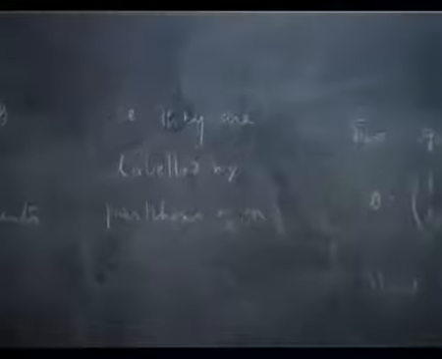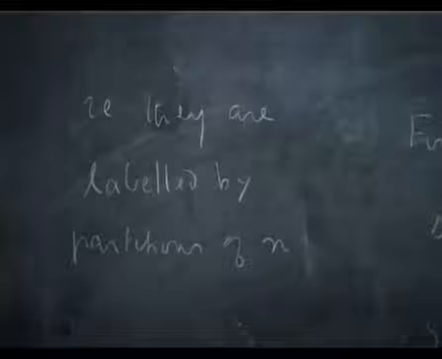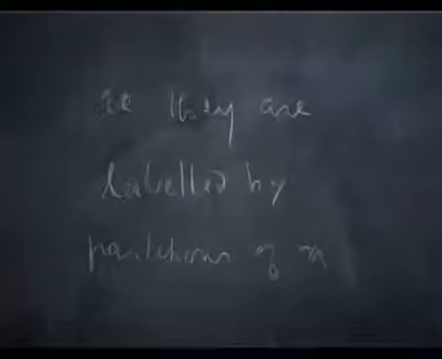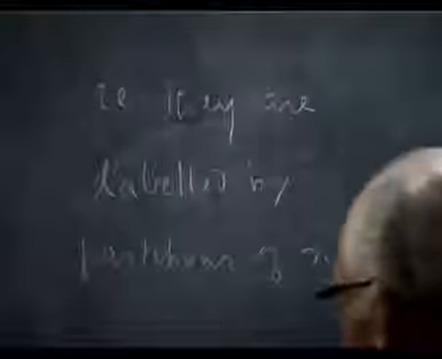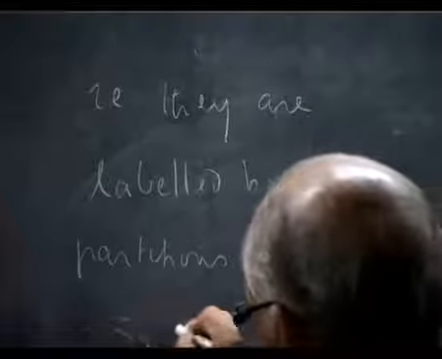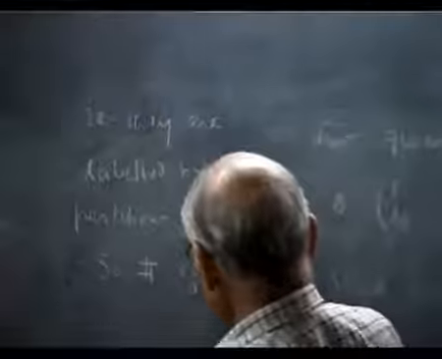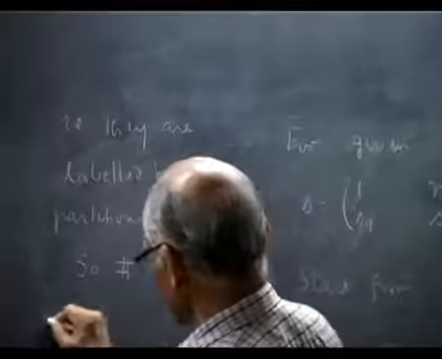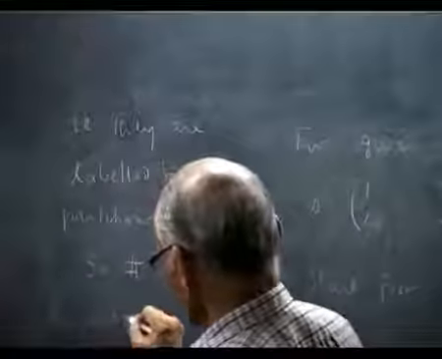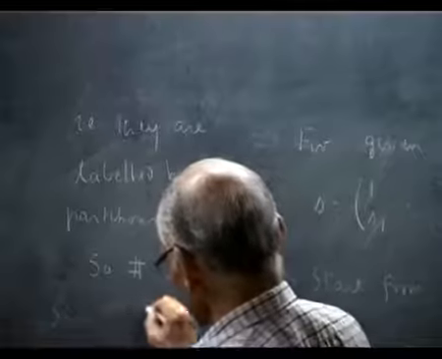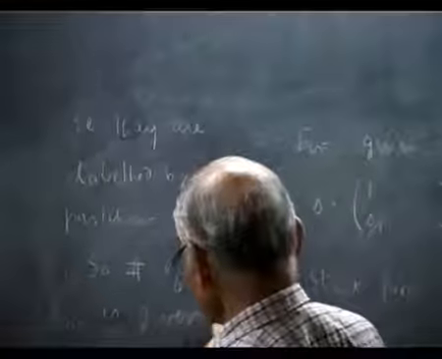So the number of irreducible representations of Sn is given by partitions of the integer n. This I have to prove, and it is easy.